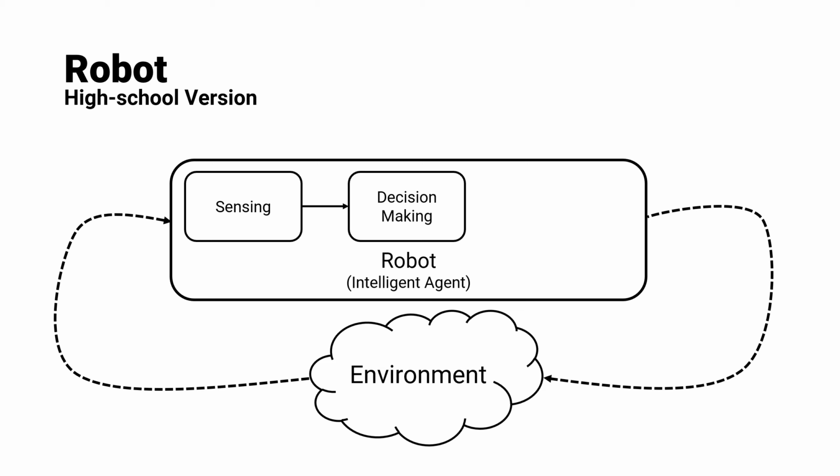If it's an Atlas humanoid robot like we talked about before, the decision making could be as simple as, I'm slipping, I need to move my leg in this particular way to be stable and not fall over, right? And a similar analogy for the drone example we talked about is that I need to change my motor speeds in this way so that I counteract the wind which is coming from one side, so that I bump up the motors on the other side so that I don't crash into the ground or something like that.